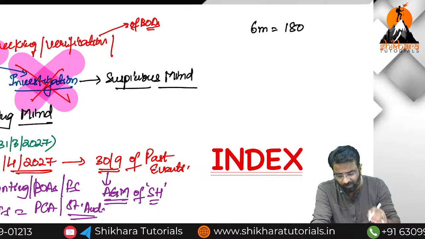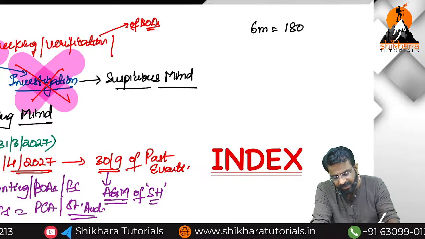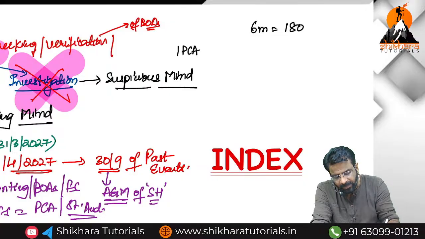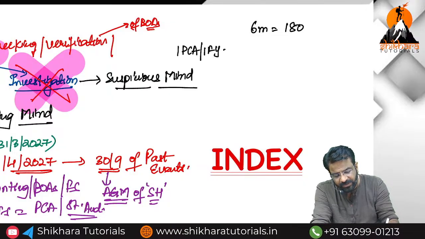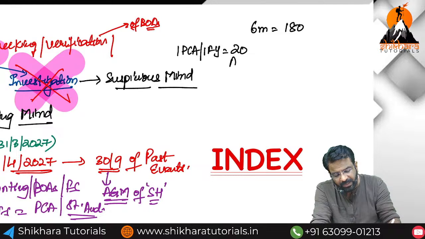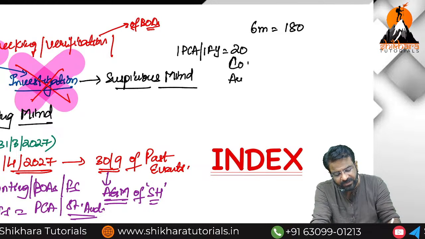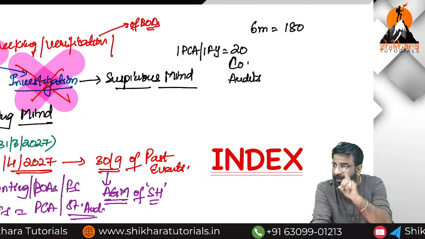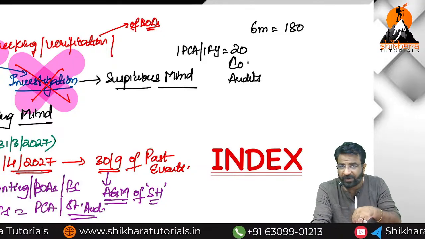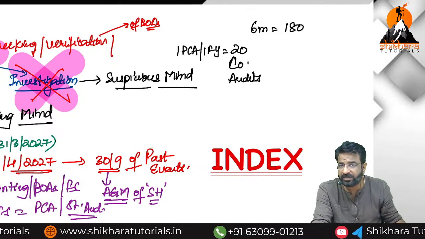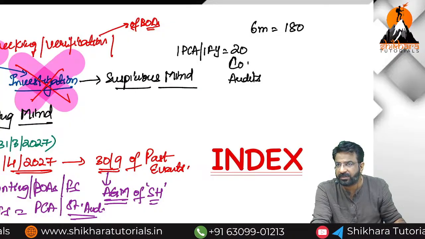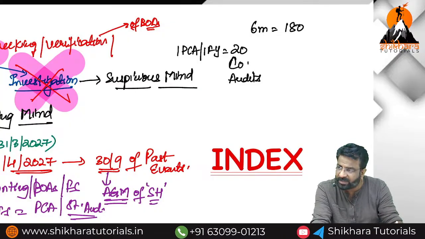And let me tell you the rule. One practicing CA in one financial year does 20 company audits. One practicing CA in one financial year does how many audits? 20 company audits.